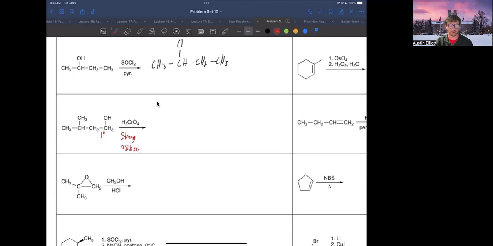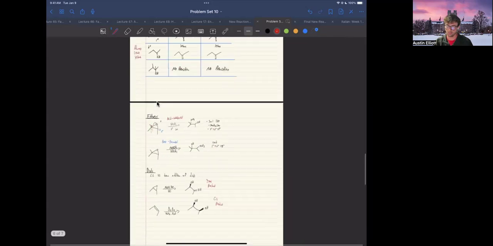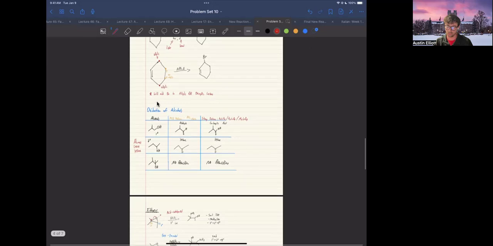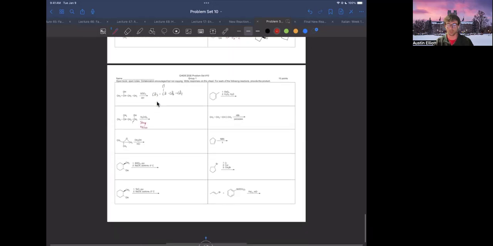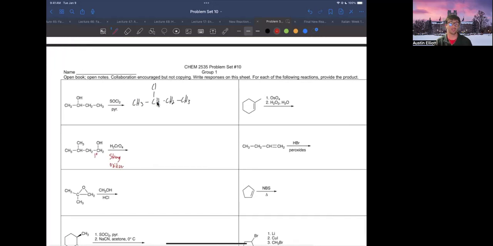So a 1° alcohol makes an aldehyde. I lied. It makes a carboxylic acid because it's a strong oxidizer.